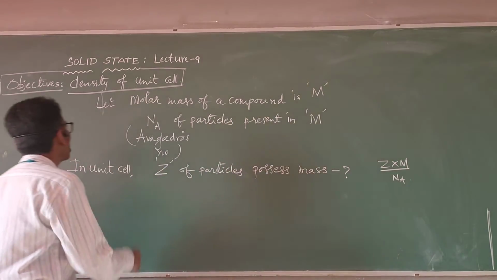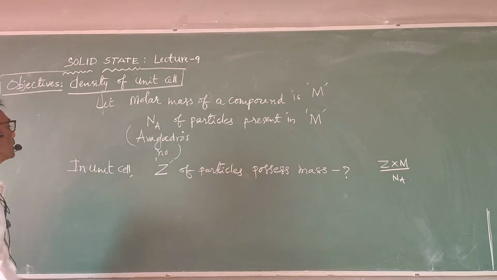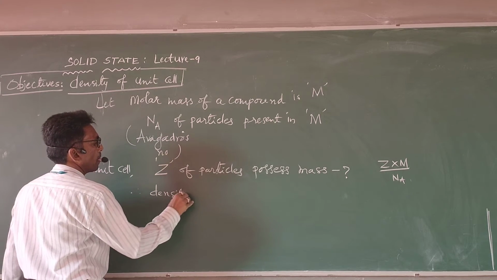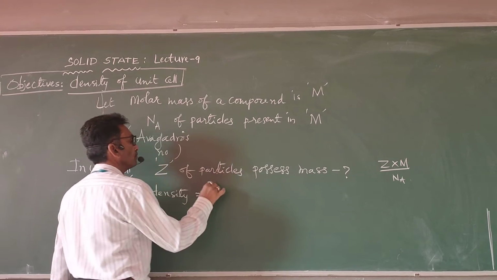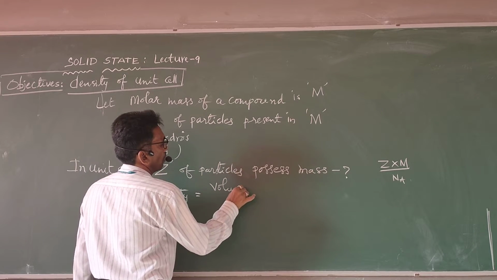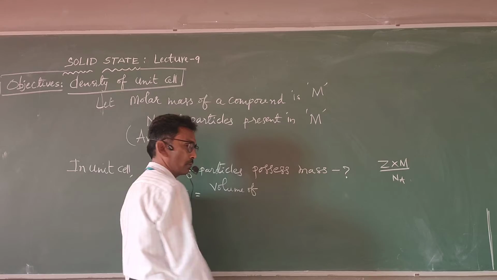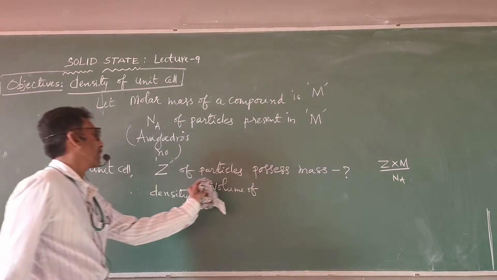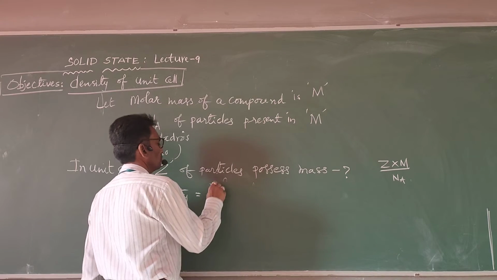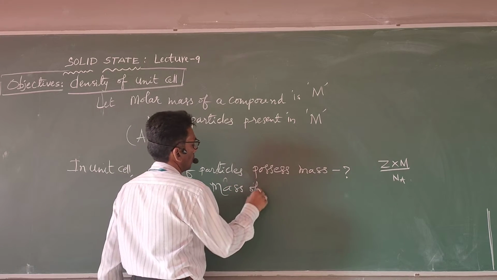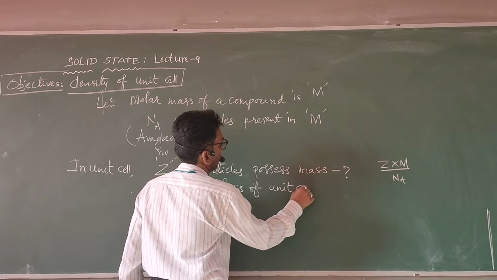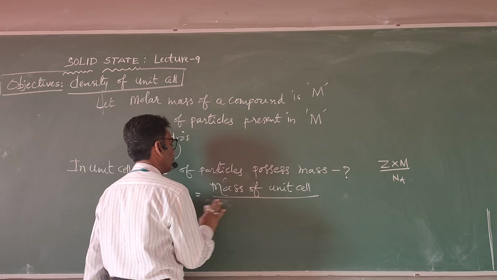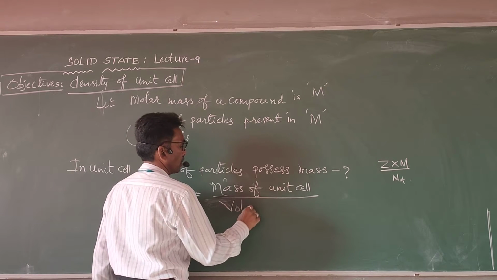Now come to density, very well known to you. The density is equal to mass by volume, that is, mass of unit cell over volume of unit cell.